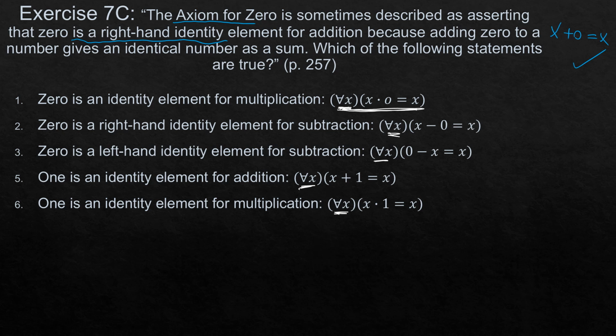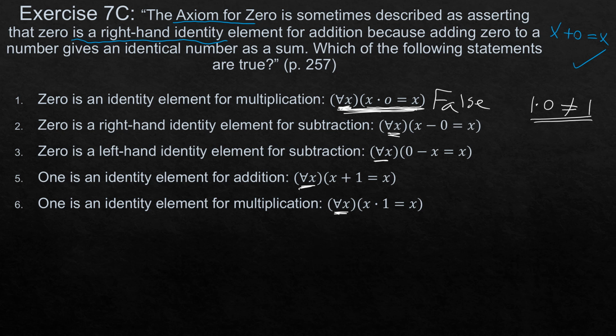That is, for all x, x times 0 is equal to x. Well, that's clearly false. For example, if x is equal to 1, we have 1 times 0, but that does not equal 1. And this one example contradicts this universal claim, and that's sufficient to say that universal claim cannot be true. And that's one of the main lessons here.